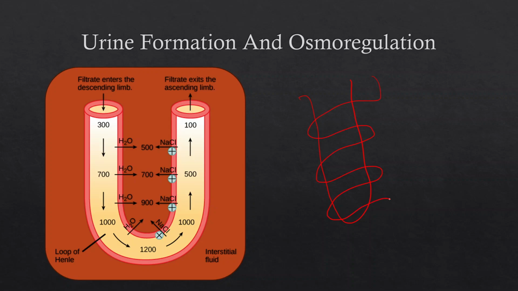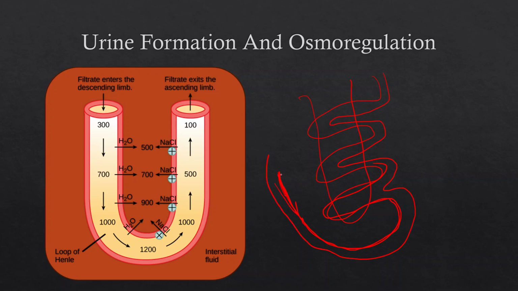Okay, we have the vasa recta. From this vasa recta, actually, this is the blood which is rounding the Henle's loop or hairpin bend.